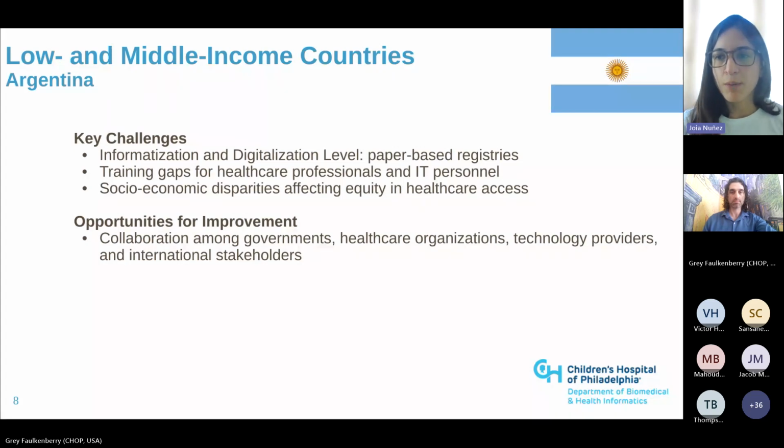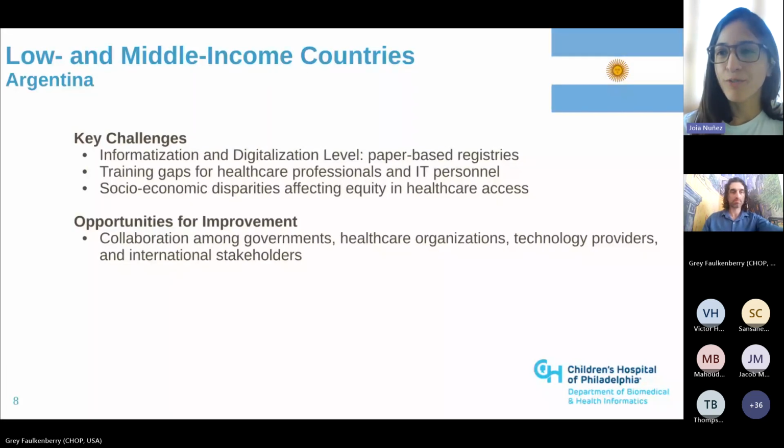Also, we have some gaps between the professional and the IT personnel training regarding the health informatics area specifically. And there are some socioeconomic disparities that affect access to healthcare. As I imagine, it's a usual problem, not specific to Argentina particularly.